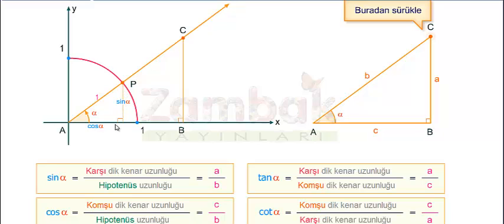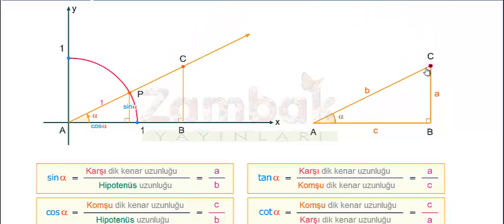So the length of the opposite side on the unit circle is sine alpha, and the adjacent length is cosine alpha. So the coordinates, later we are going to learn, are cosine and sine.